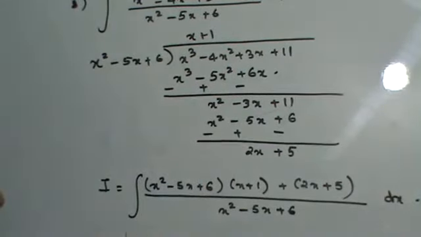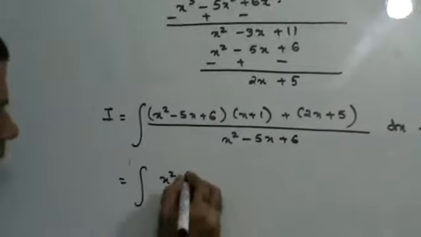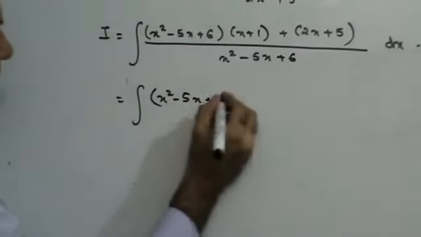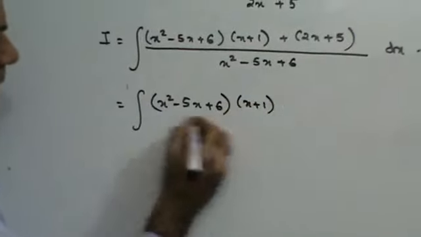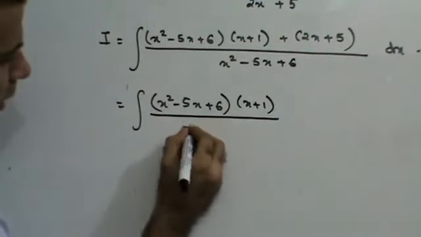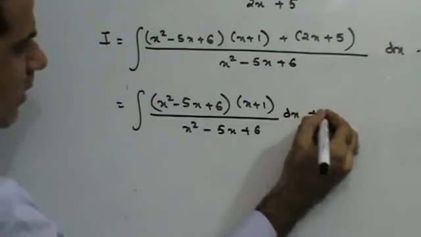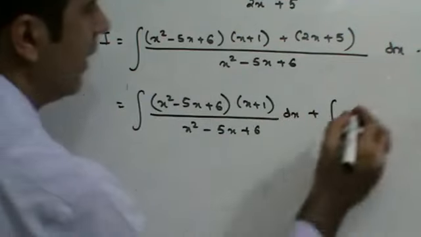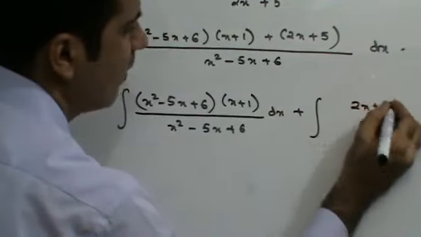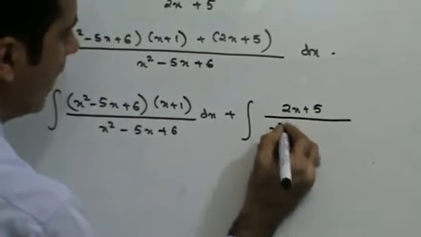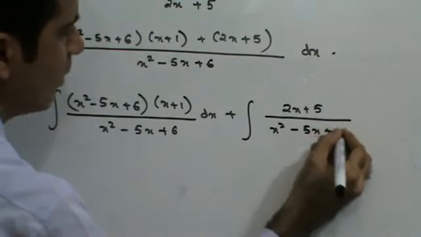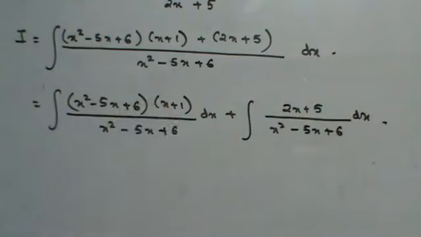Split the numerator: x square minus 5x plus 6 into x plus 1 upon x square minus 5x plus 6 dx plus integral of 2x plus 5 upon x square minus 5x plus 6 dx.